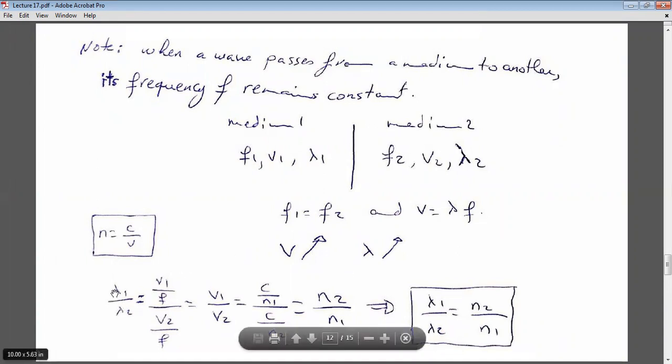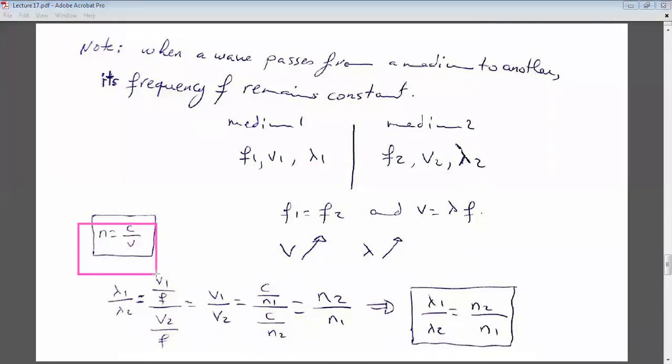If I take lambda 1 over lambda 2 equals v1 over f over v2 over f, the f and f cancel out. This is v1 over v2. Instead of v1, I put c over n1, divided by c over n2, the c and c cancel out, and I get lambda 1 over lambda 2 equals n2 over n1.